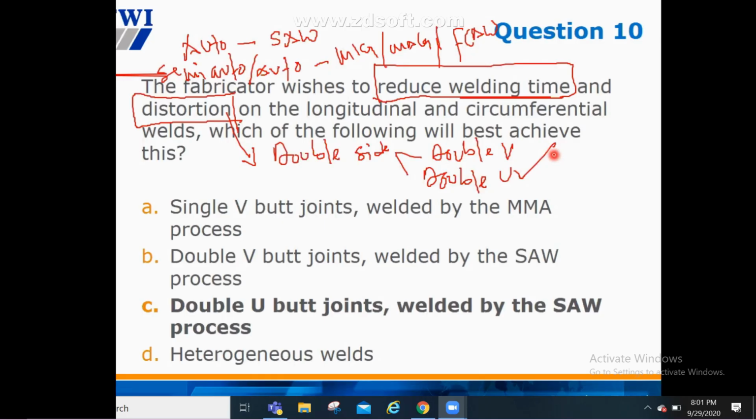So in this case, MMA is not the best to reduce welding time. SAW, yes, but comparing double V and W, W is better. Yeah, and then with SAW, so that's where the best answer goes to C. Yeah, all right.